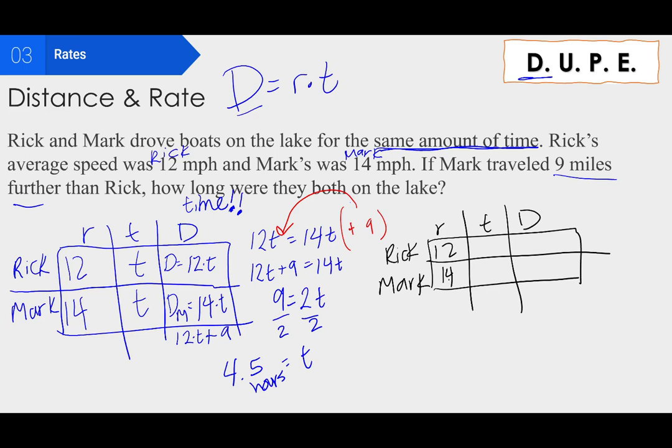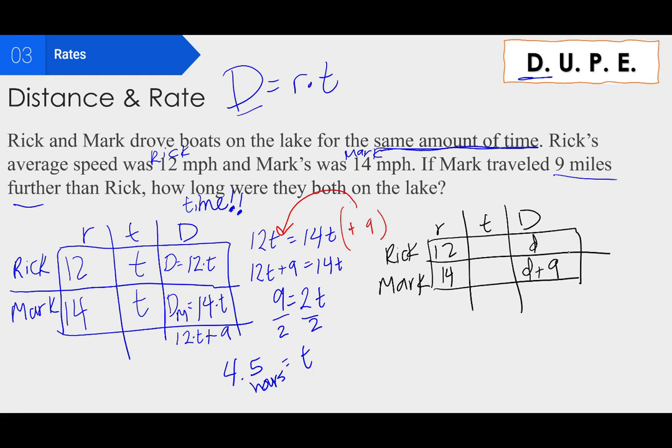But what differs here is they may use, instead of the variable T for time, D for distance. So let's say that Rick's distance is just D, right? And we know from the second part that Mark's distance is Rick's distance and an additional 9 miles, right?